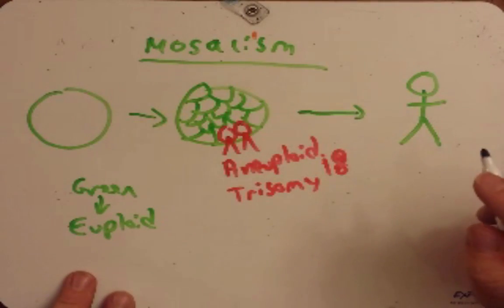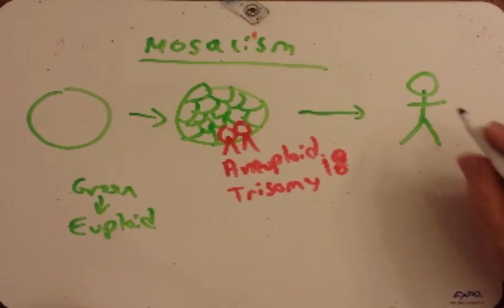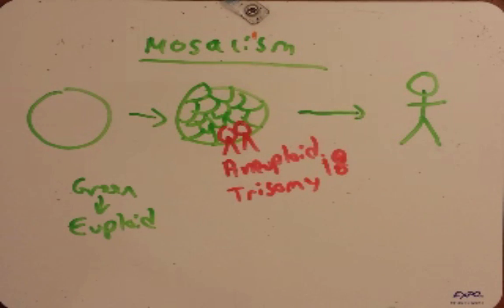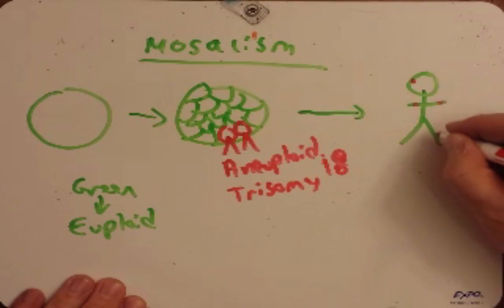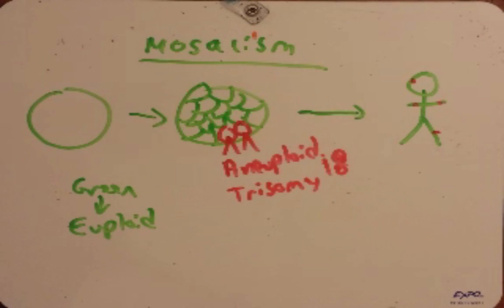And this individual that forms is also going to be pretty healthy, or more healthy than its counterpart, I should say. But what I'm going to do is make some random red dots on this one. Some of its tissue, some of the cells in it, will have an aneuploid associated with them. It makes their phenotype of trisomy 18 less severe, because not every single cell in their body is this trisomy 18.